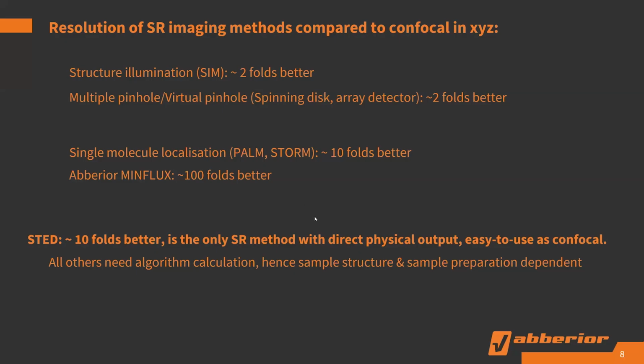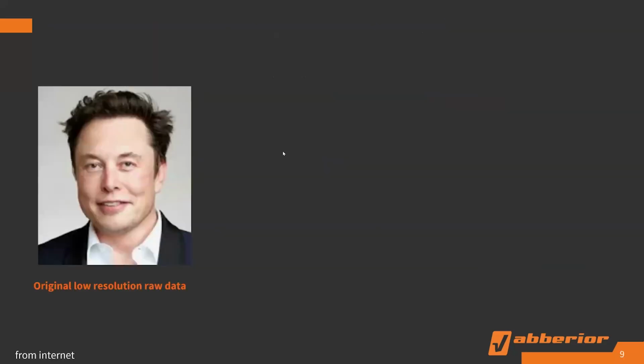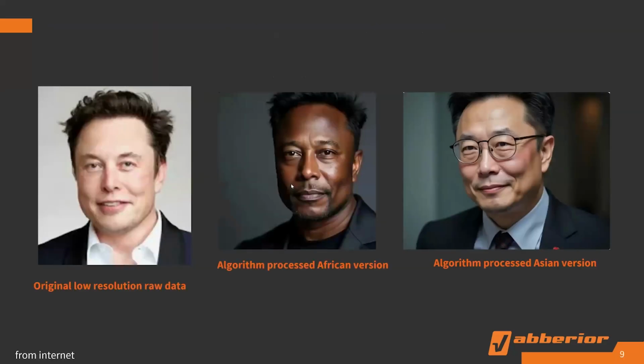So you have to be actually very careful with their post-processing because it can change the authenticity of your scientific data as you see here. So, right, we have original low resolution but very true data from Elon Musk. And from the post-processing, you can easily calculate it into an African version or an Asian version, which is actually misleading.